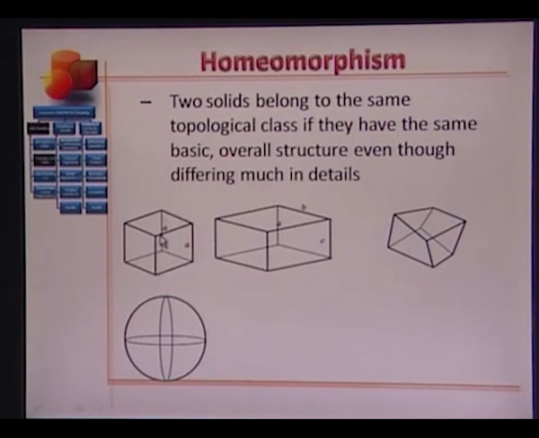Inflate it in such a way that these edges happen to be placed exactly on the surface of a sphere, and so the faces happen to be placed exactly over the surface of a sphere. Therefore, once again, a sphere would be homeomorphic to a cube, and therefore all the other distorted versions of the cube.